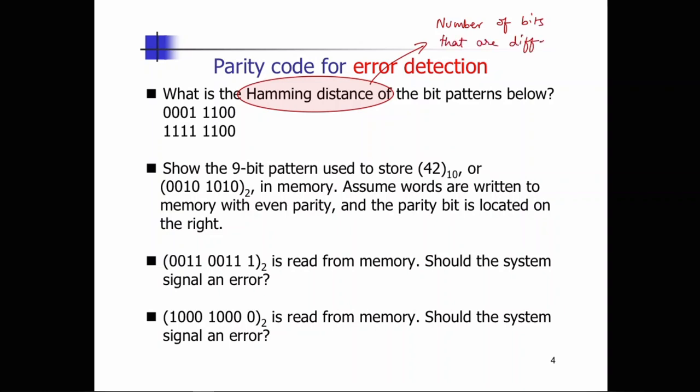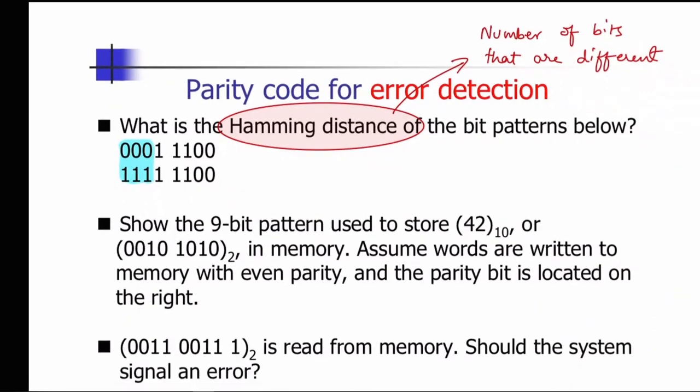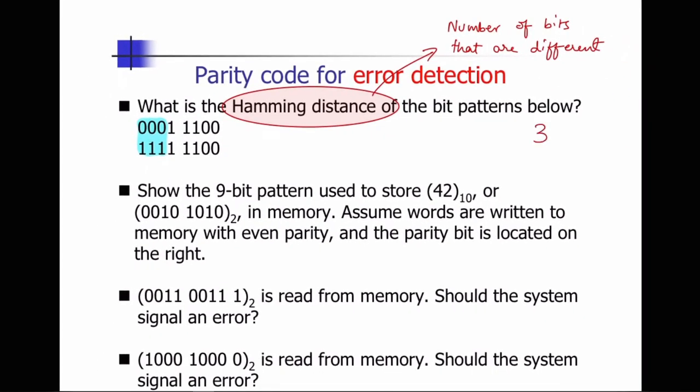This is per location. So as you can see here, we have the first 3 bits that are different, and the rest of them are exactly the same. So the Hamming distance over here is going to be 3, because 3 locations are different and the rest 5 of them are the same. So the number of bits that are different is going to be 3.